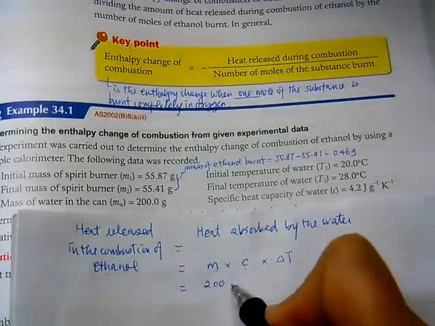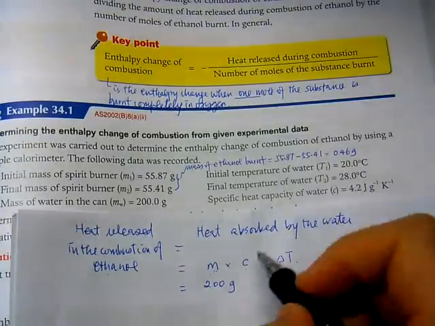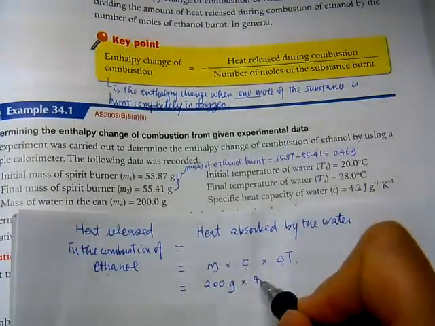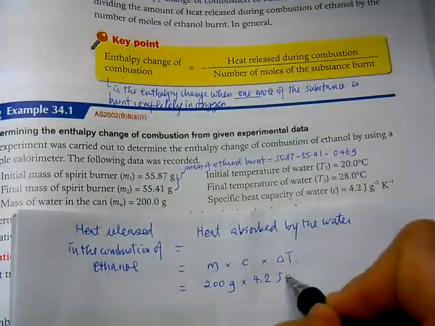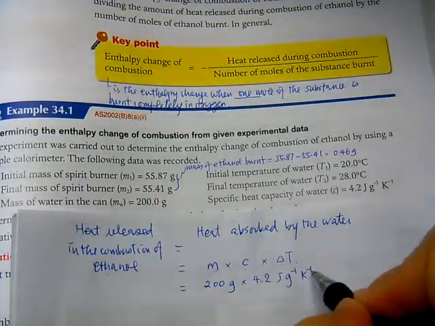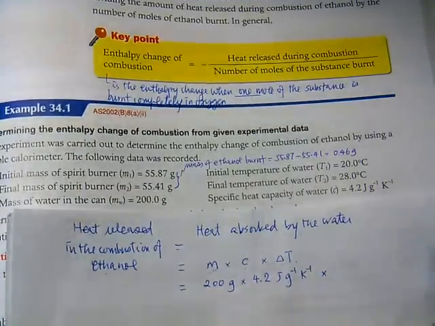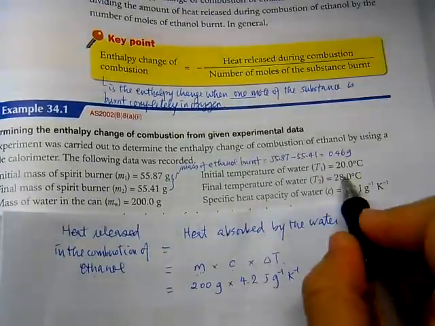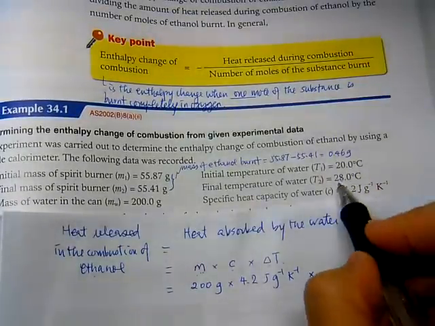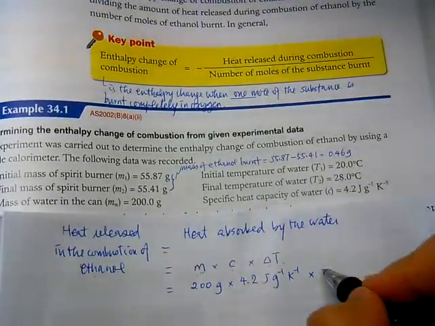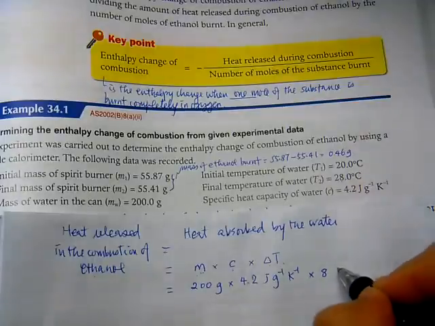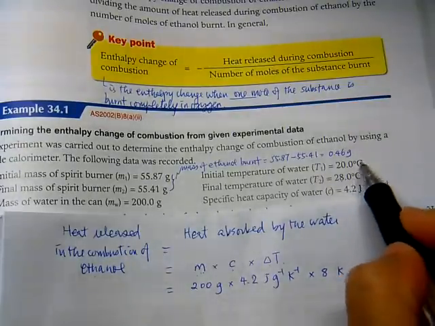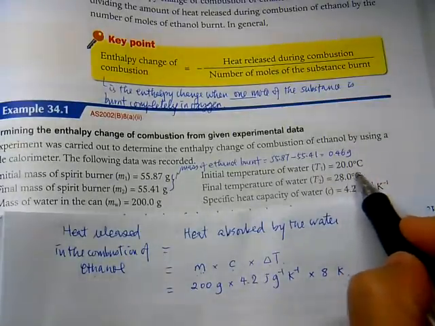Now we have 200 gram of water times 4.2 joule per gram per Kelvin times delta T. Delta T, 28 minus 20, which is 8 in Kelvin. It doesn't matter in degrees Celsius or in Kelvin because we are talking about delta T.